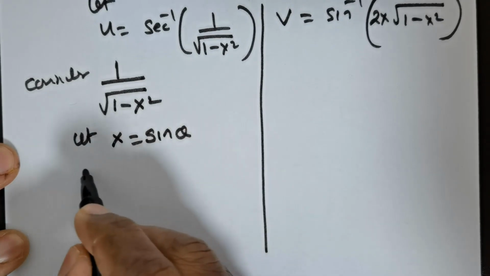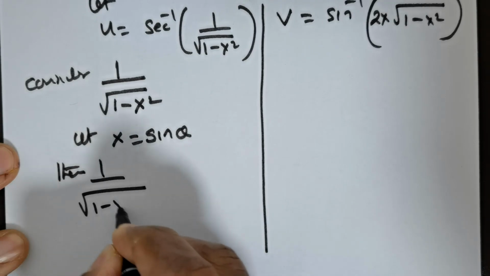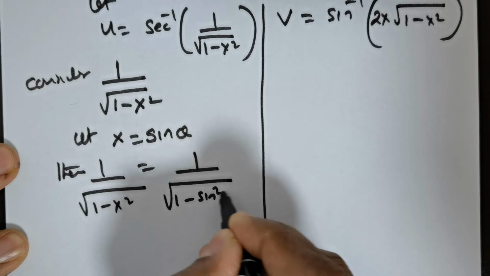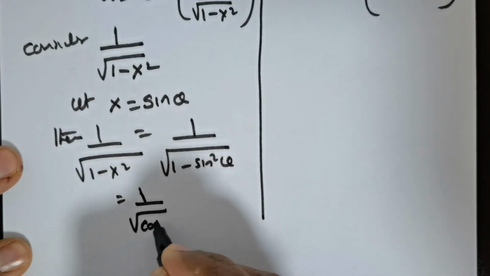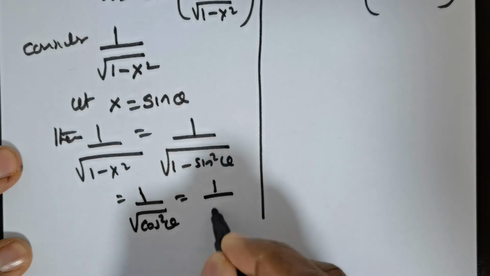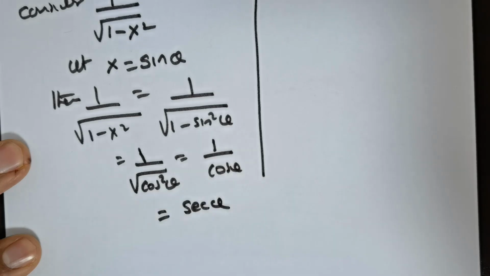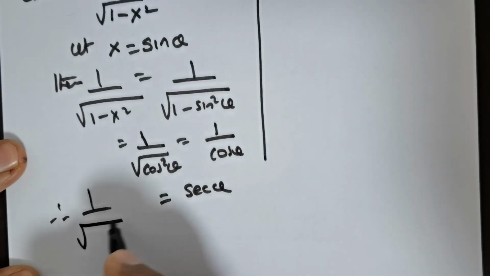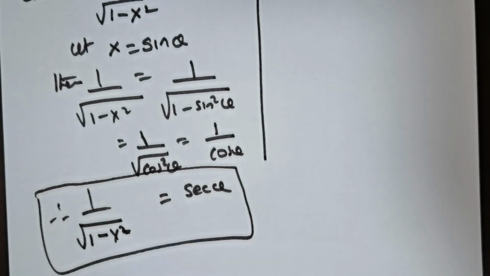If x is equal to sine theta, then 1 over root of 1 negative x squared will be rewritten as 1 over root of 1 negative sine squared theta, which is cos squared theta, which is nothing but 1 over cos theta. 1 over cos theta is secant theta. So I have rewritten 1 over root of 1 negative x squared as secant theta.